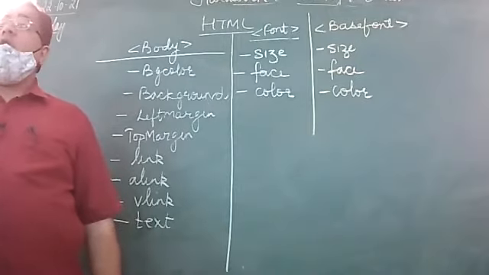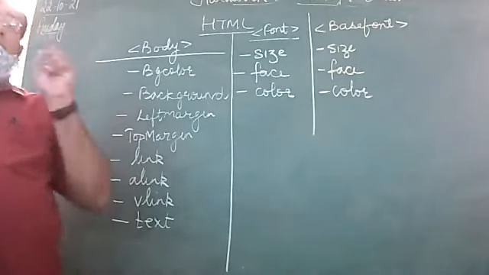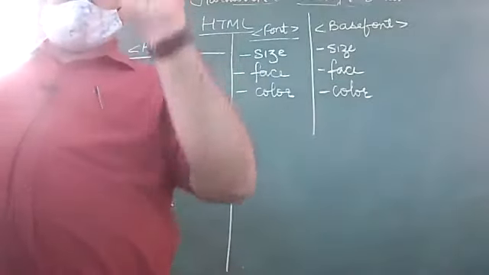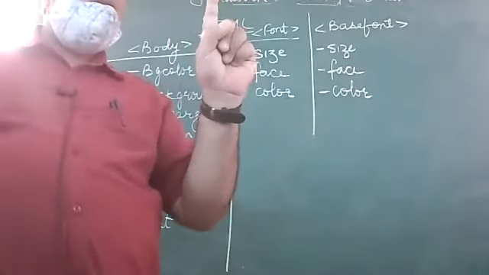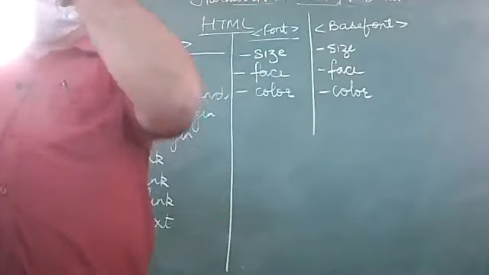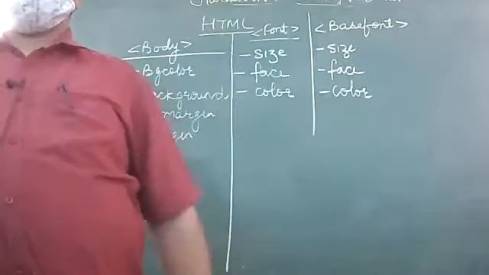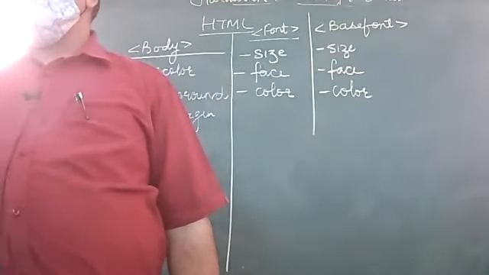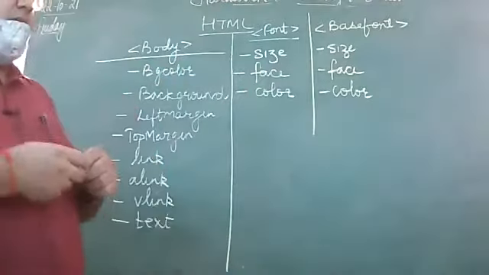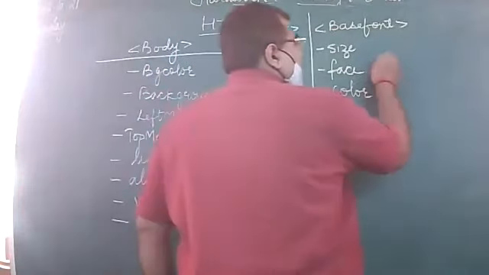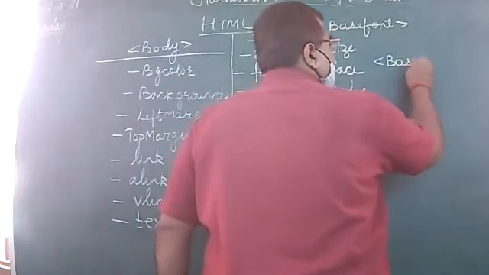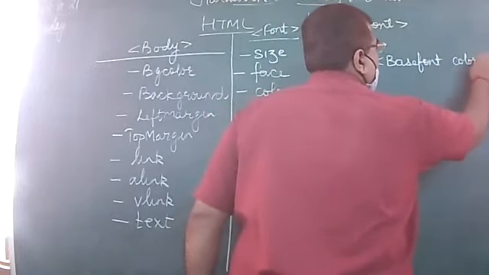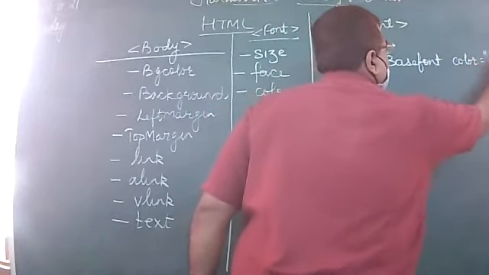Now, what is the role of base font? The base font tag is used to specify the color, the style, and the size for the entire text in the web page. I'll give you an example. See here, I have taken base font, color equal to red.